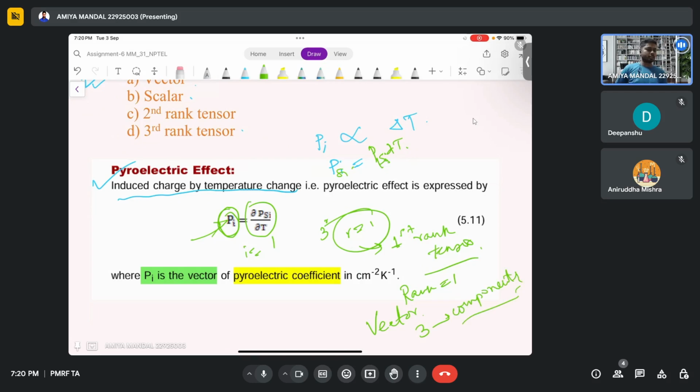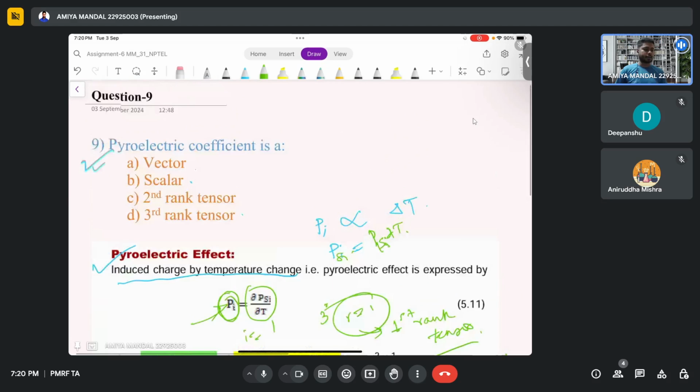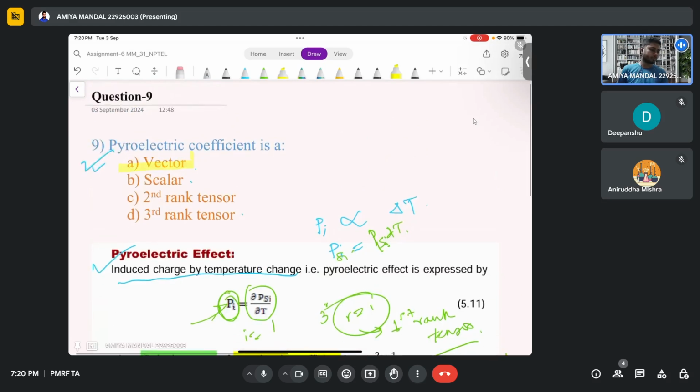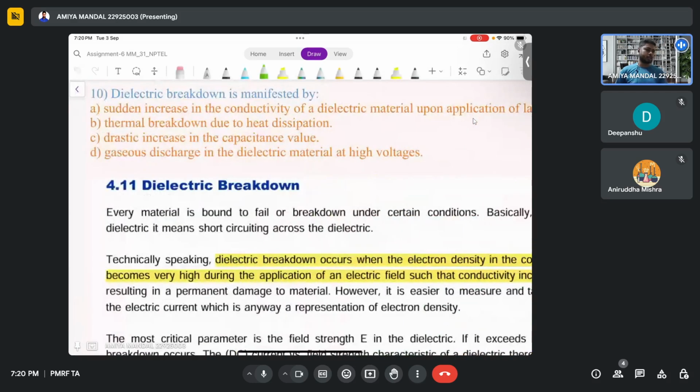So the pyroelectric coefficient is a vector quantity, and it's not a scalar. We can move forward to question number 10.